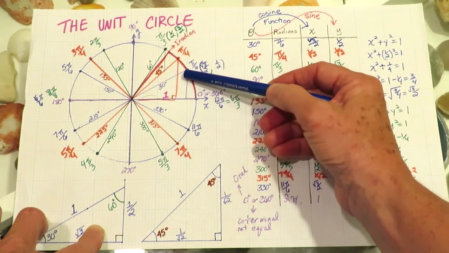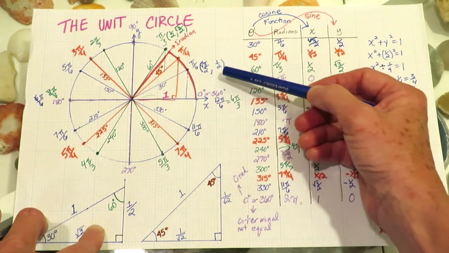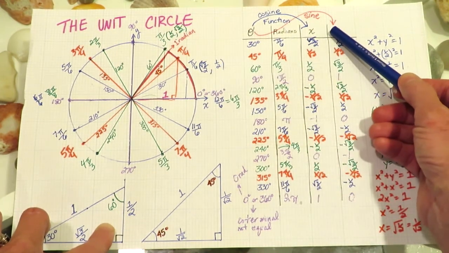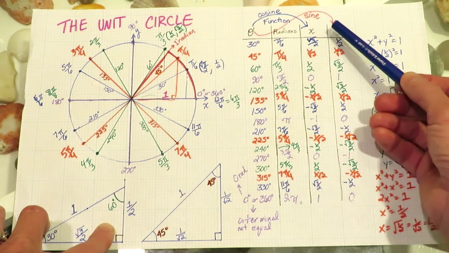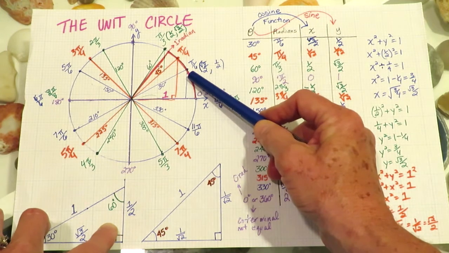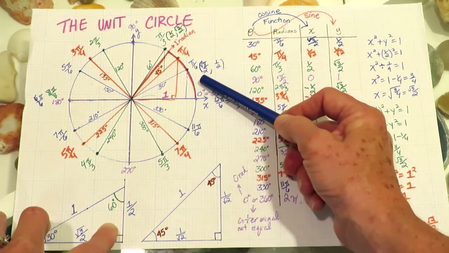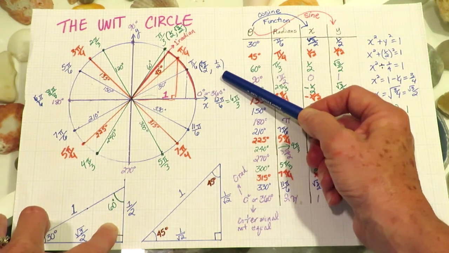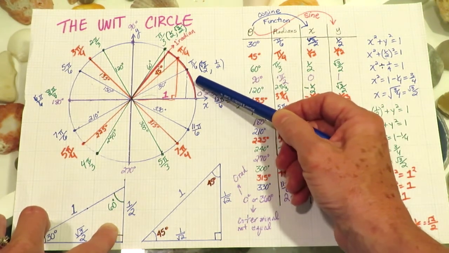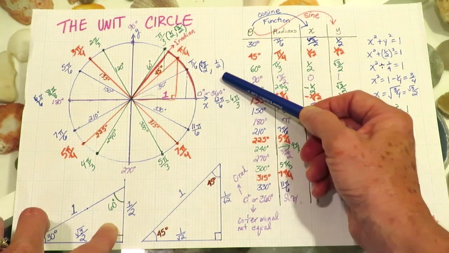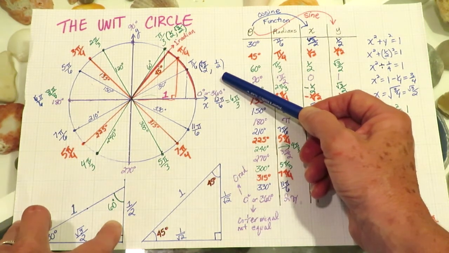If we measure an angle and map it to the y-coordinate, we're going to call that mapping or function sine. So for example, at pi over 6 or 30 degrees, the x-coordinate is the square root of 3 over 2, the y-coordinate is 1/2, and so cosine of pi over 6 is square root of 3 over 2. Sine of pi over 6 is 1/2.